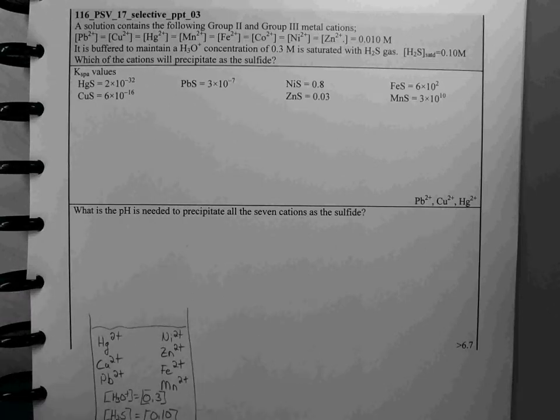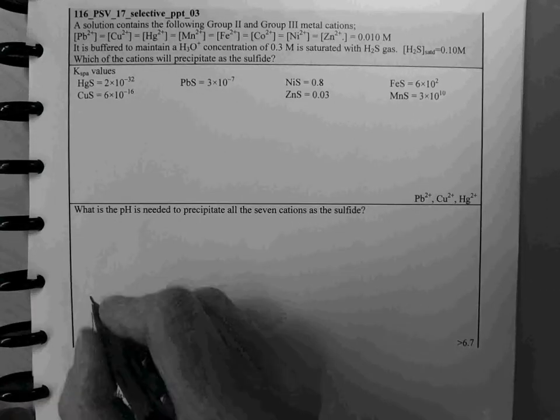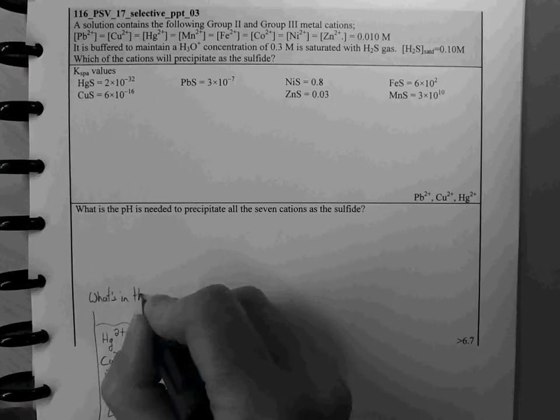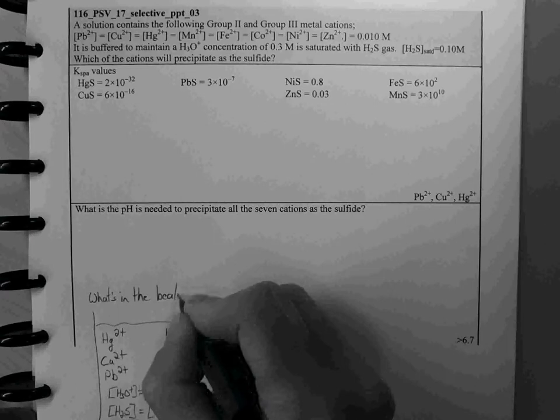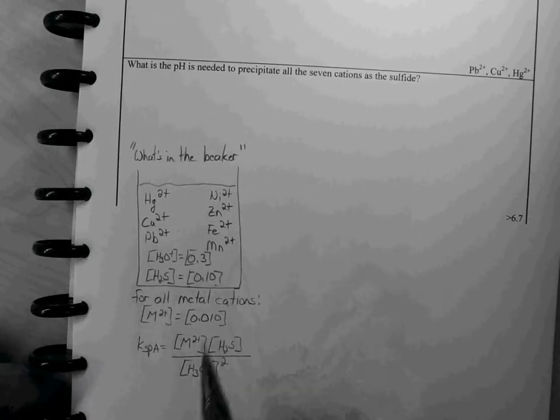This is a selective precipitation question, and there's a lot going on, so let's take a minute and look at physically what's in the beaker. We have 7 cations that are present, and they all are at the same concentration, 0.010 molar.